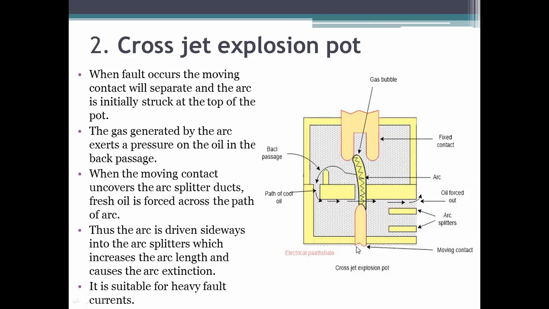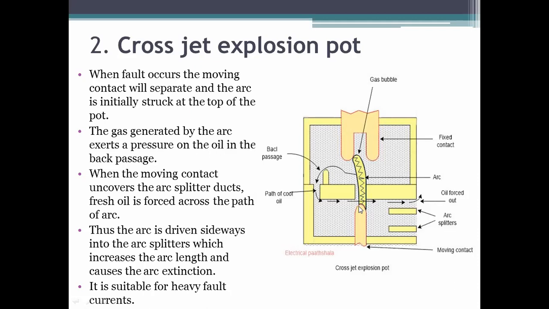we move this contact in the downward direction again. At the start this oil is good, meaning it is not heated, because it is covered by this moving contact.